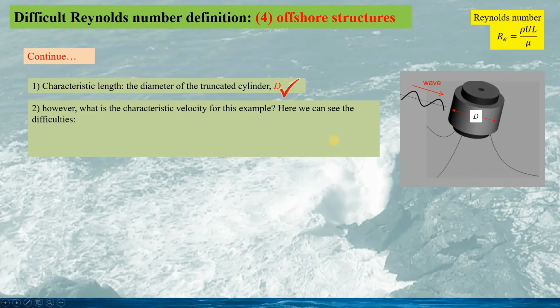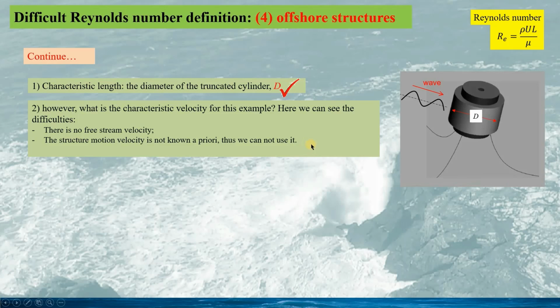Now we have a bigger question for the characteristic velocity for such a moored floating structure. Essentially, there is no free stream velocity in this example. The structure may move under the wave action, but the motion is the solution for the problem.